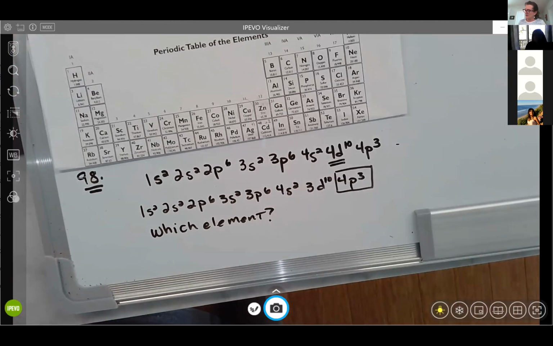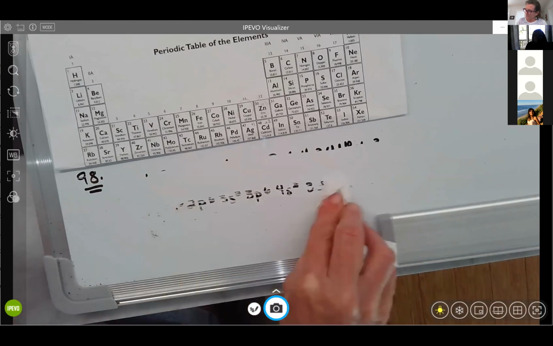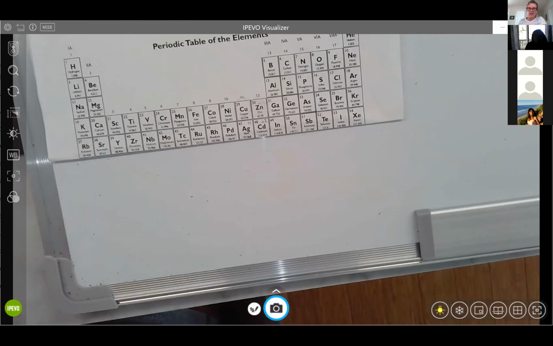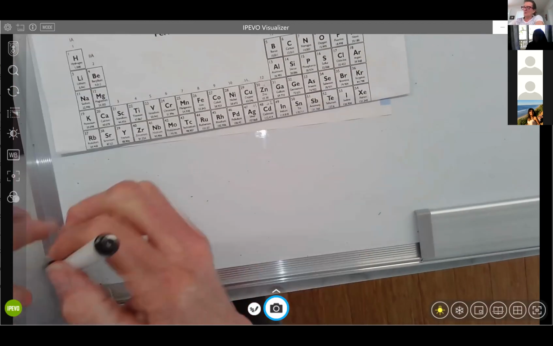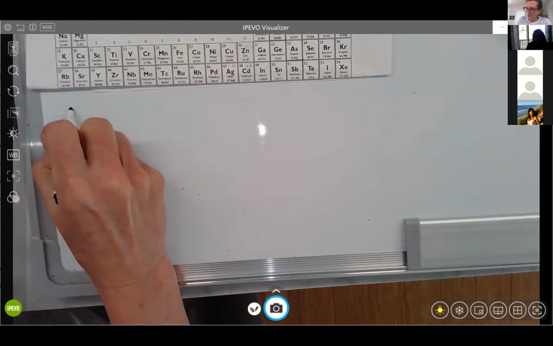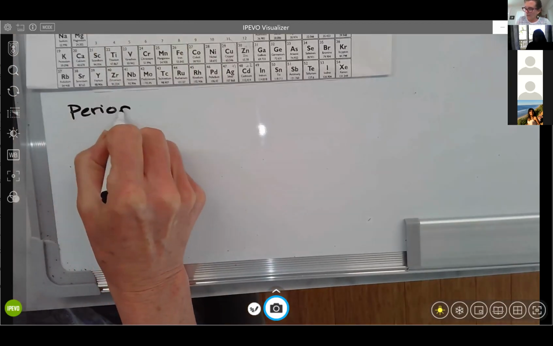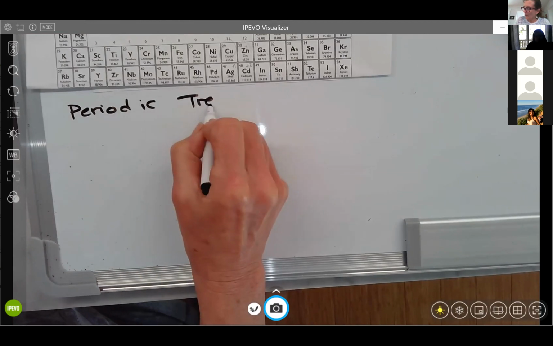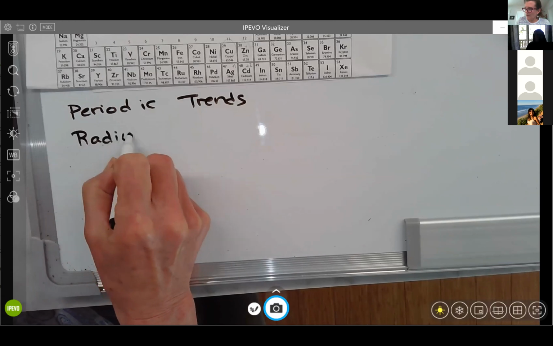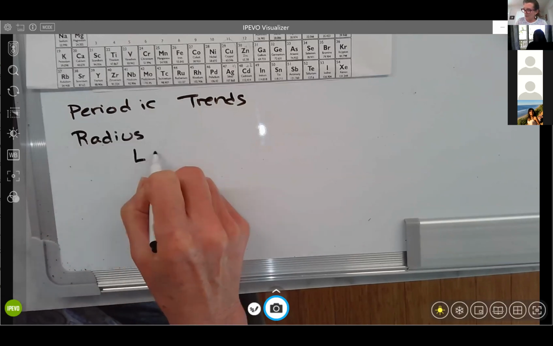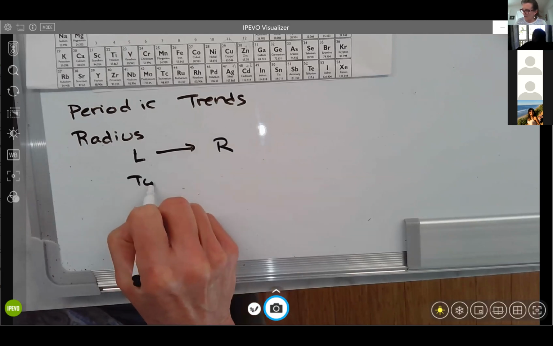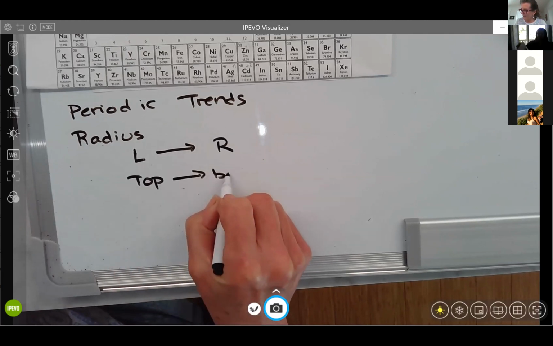Let's talk about periodic trends. For radius, you have to worry about two things: when you go from left to right on the periodic table, and when you go from top to bottom.